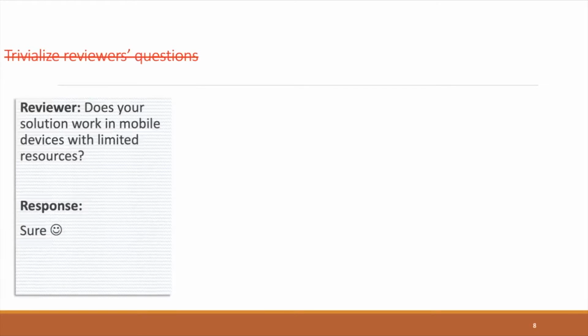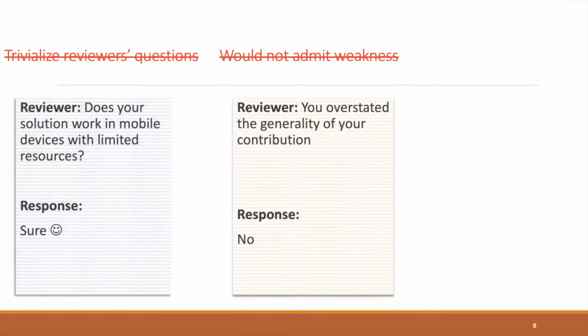Some other mistakes that I've seen are trivializing reviewers' comments, and this is very disappointing. If the reviewer points out certain issues, and your answer makes it sound like the reviewer does not understand your paper, this is very bad. I will go into this in more detail. You are overstating your solution and not backing it down, okay?